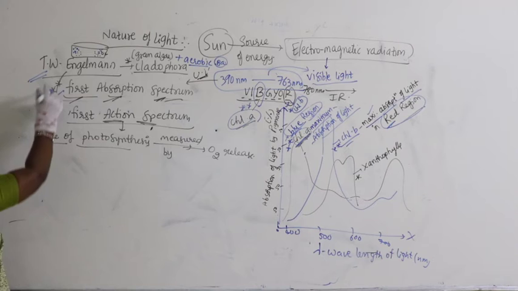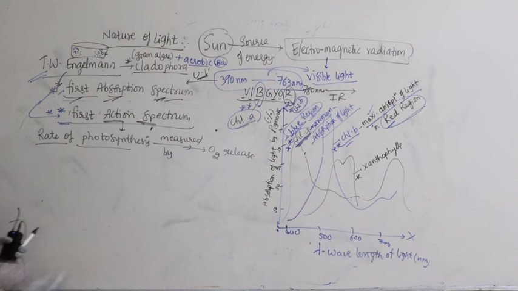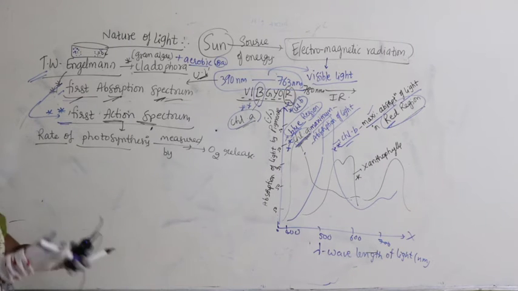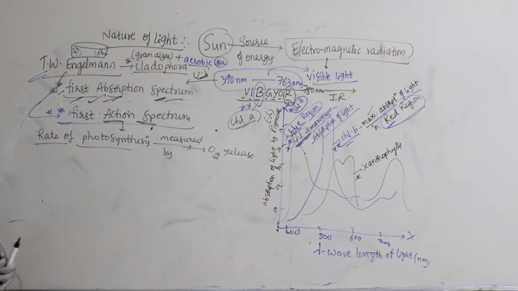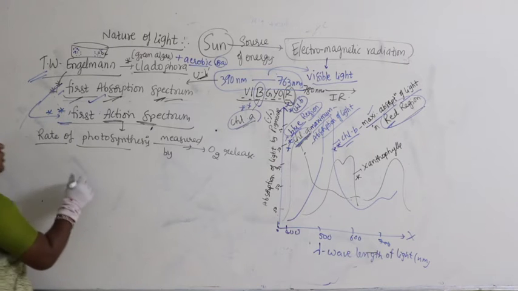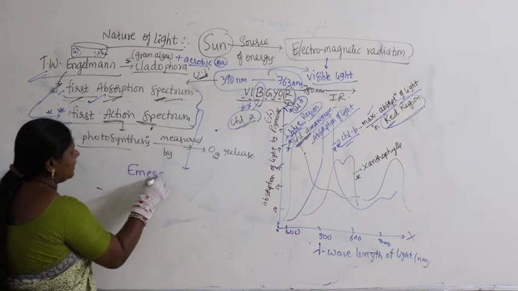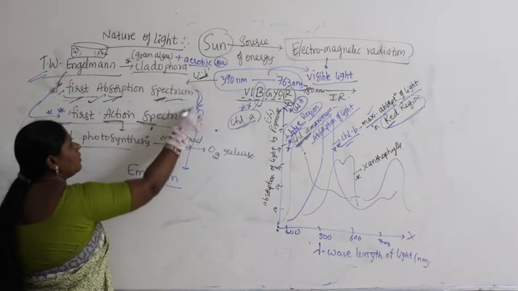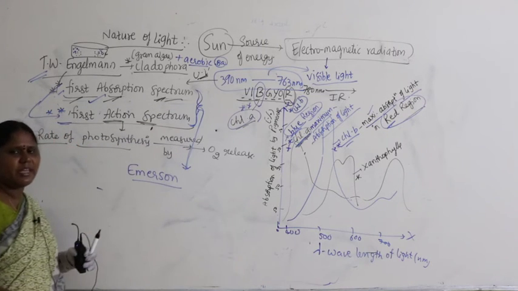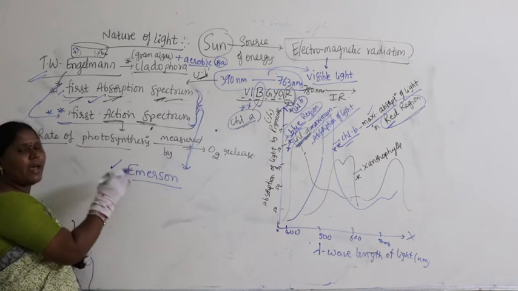Actually Engelmann gave the first action spectrum. Later he understood that it is because of absorption of light. Then later came the absorption spectrum. Absorption spectrum and action spectrum are both closely related to the experiments done by the scientist Emerson, and mostly they come under the credit of Emerson.